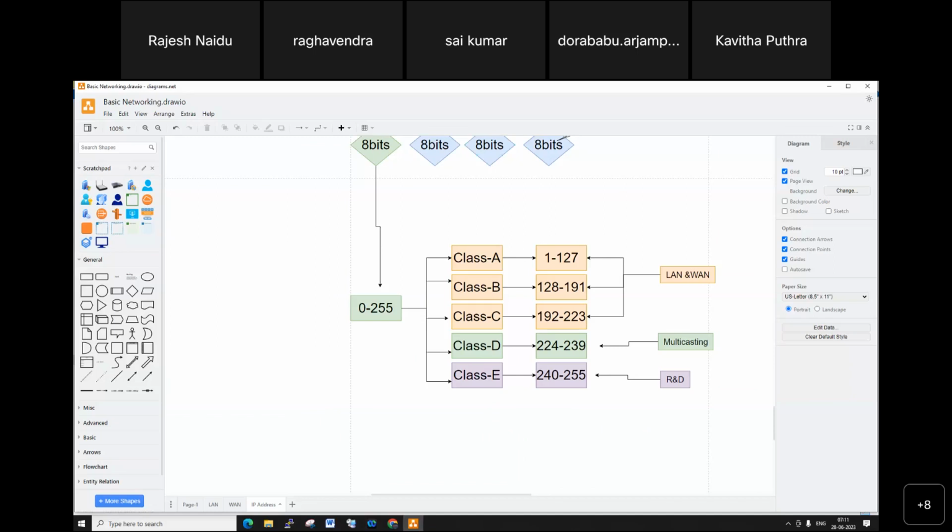So guys, if you assign an IP address starting with 224, the IP address will not be assigned to the system. Only 1 to 223 will be assigned. It will not assign any IP address between 224 and 255. So your system will only recognize 1 to 223.